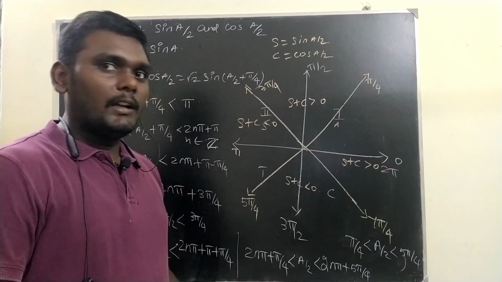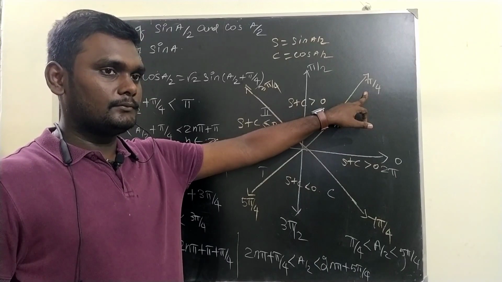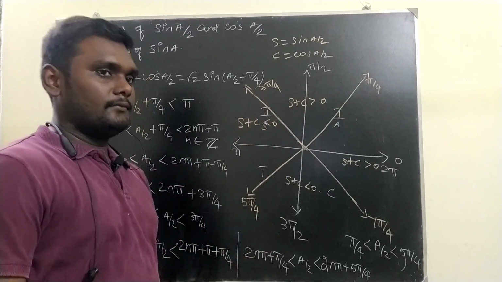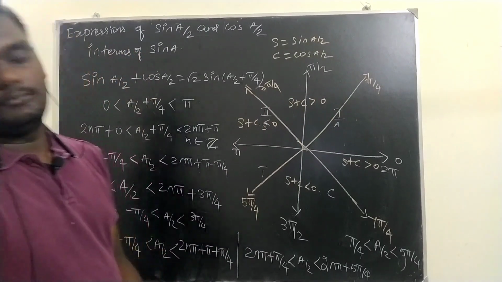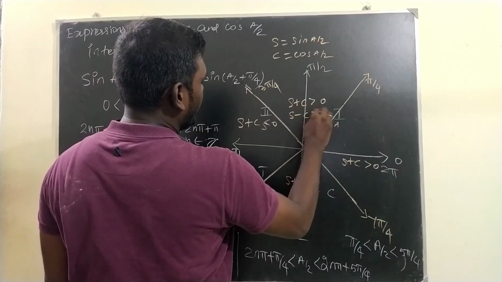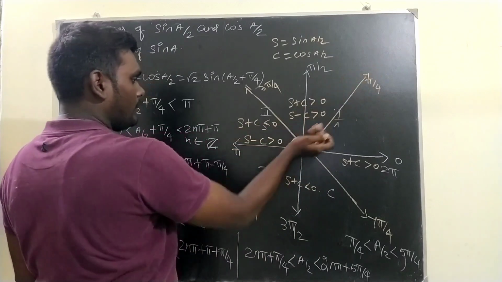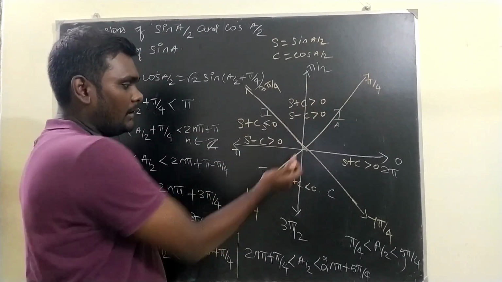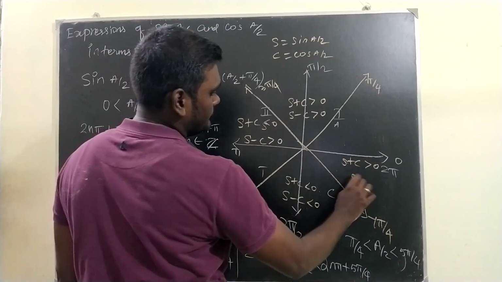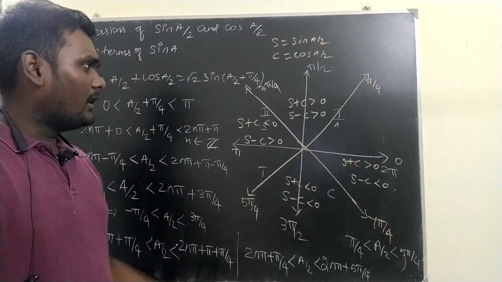Okay. Now where is pi by 4? Here. 5 pi by 4 here. From this line to this line, anti-clockwise rotation, s minus c is positive. Okay. From this point to this point. Then below this line, s minus c is negative. Okay. That is how we should find the angle. Okay. How will this help us?